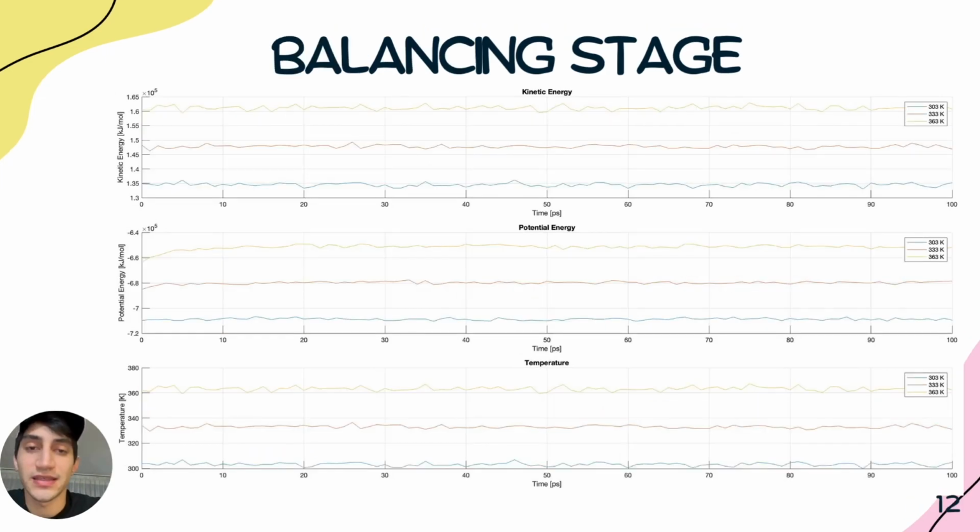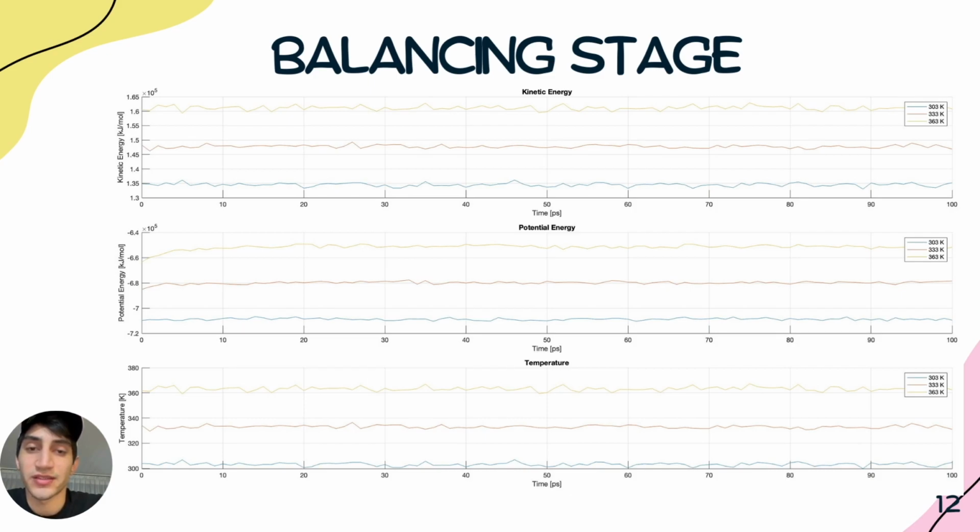Now, for the balancing stage, the simulation stops transferring heat to the system. This makes the molecules move freely across the box of 4 nanometers and also allows the transfer of the kinetic energy between the molecules. For the first graph, we have the kinetic energy measured in kilojoules per mole plotted against time.